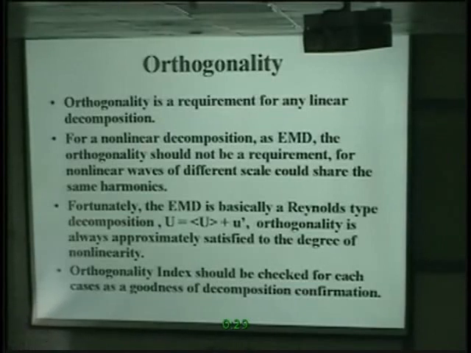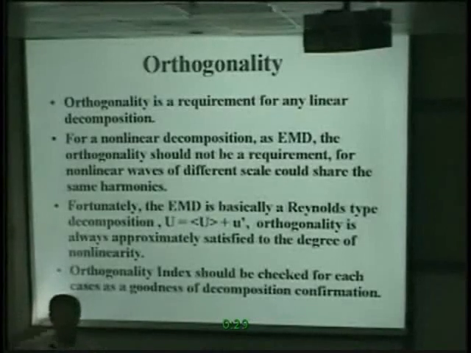For nonlinear decomposition, as in EMD, orthogonality should not be a requirement. For a nonlinear wave, the two components may not be exactly orthogonal. For example, a water wave that is very sharp crested has to have all harmonics.